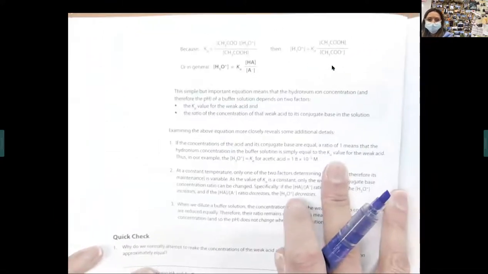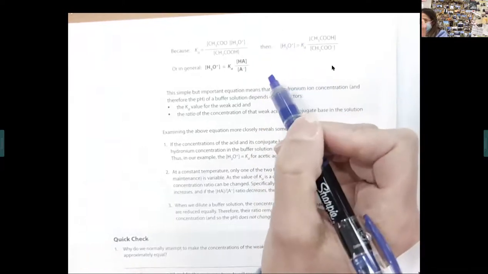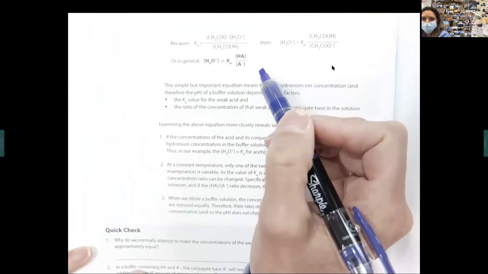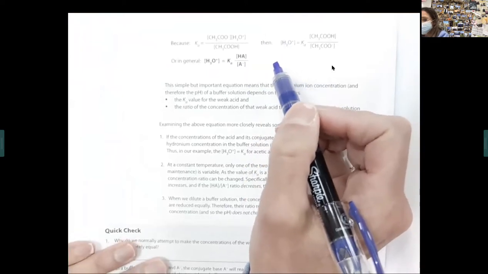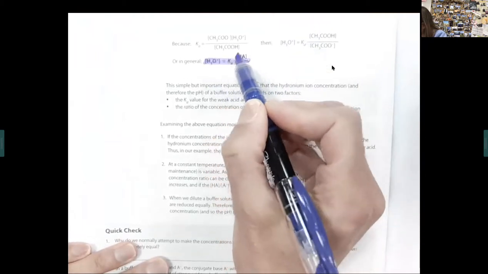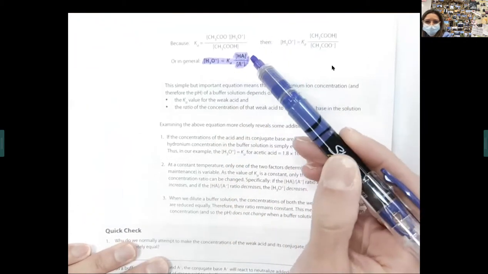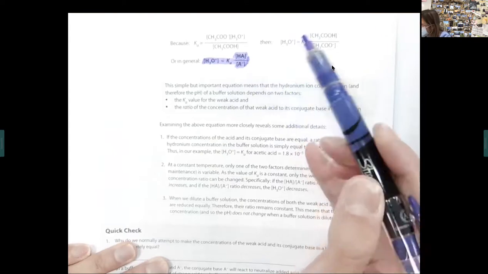So since we're working with a weak acid, for instance, you can write a Ka for something like that, right? And then you can rearrange that to solve for the hydronium ion concentration. So when you've got a weak acid, you can actually solve for the hydronium ion concentration if you're given the Ka and the concentration of the weak acid over the concentration of the conjugate weak base.